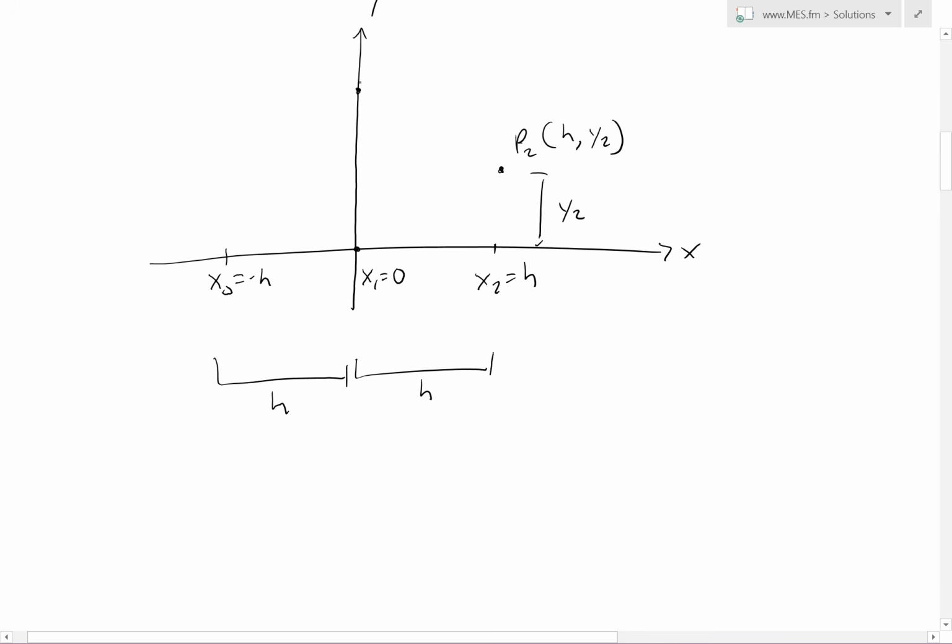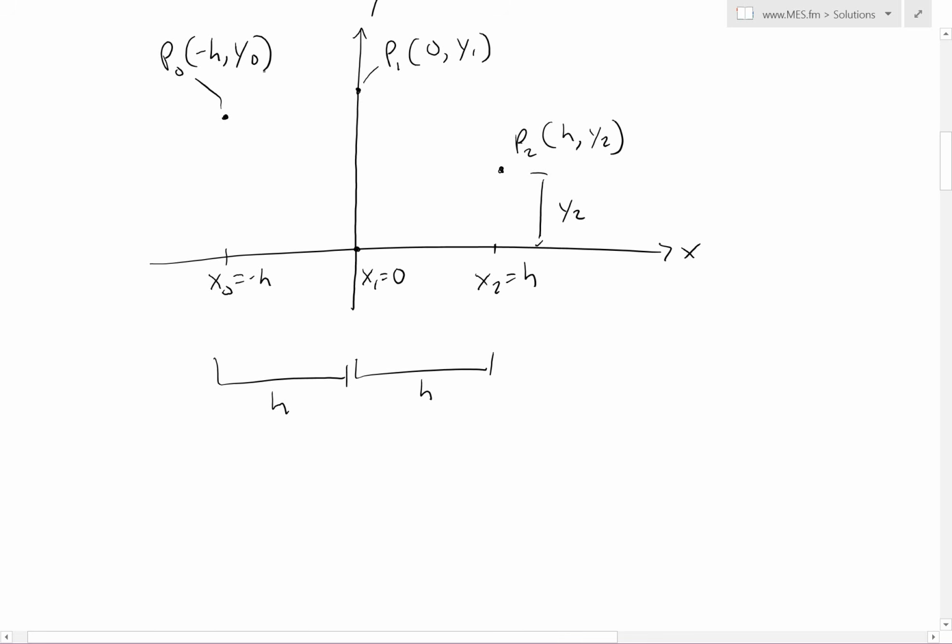This one is P1, which is (0, y1). And then this point over here is on the function we're trying to approximate with the parabola. So P0 is (negative h, y0).